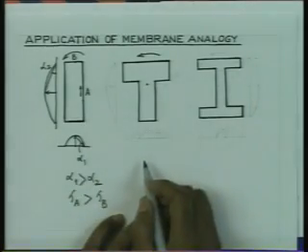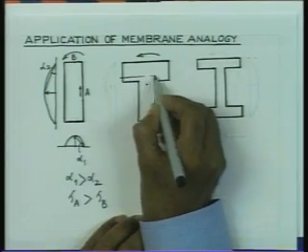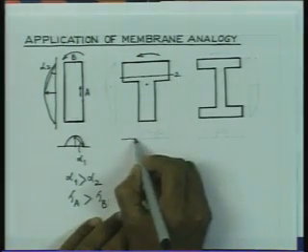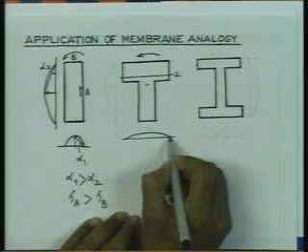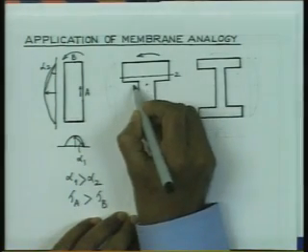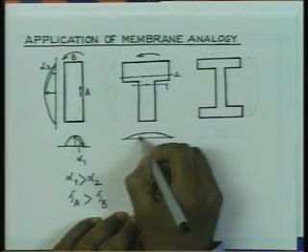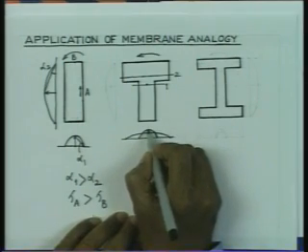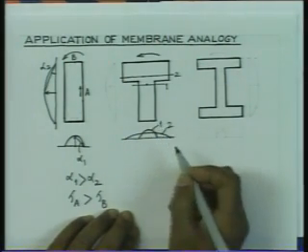And if you now try to look at the section, let us take a section here of the membrane surface. So, at this point it may typically look like this, that is the membrane surface. And if you consider a section there, let us say 1, the membrane is going to have deflection like this. So, therefore, more deflection at this point. So, this is for 2 and this is for 1.